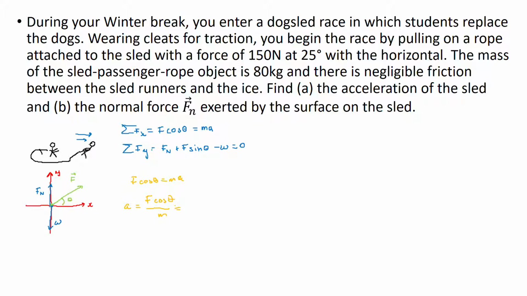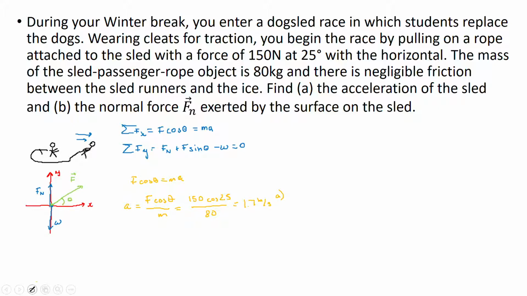If I substitute the values, I'm going to get 150 cosine of 25 over 80, and this is going to be 1.7 meters per second squared. Okay, and this is part A.